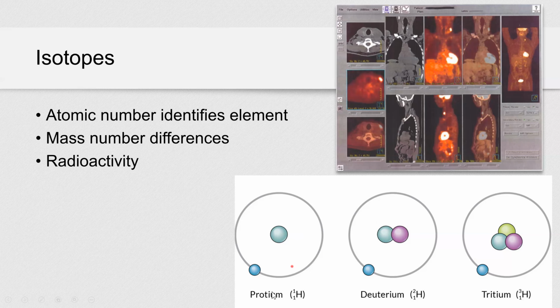So for example, this is hydrogen, right? A hydrogen atom has actually 1 proton and 1 electron. It does not have a neutron, right?